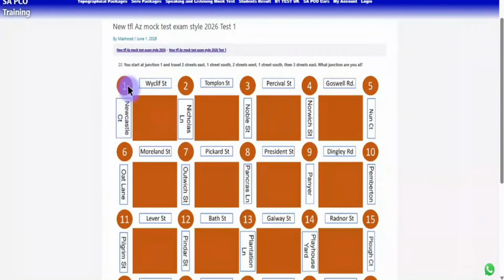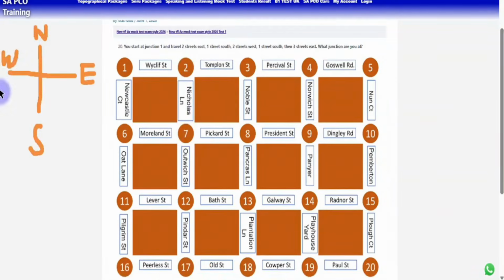These are junction 1, 2. These are the junctions. These are the roads. They say start from junction 1, then travel 2 streets east. This map is going to be given in the exam, with north, south, east, west. So let's start the question. You start at junction 1. So this is junction 1.